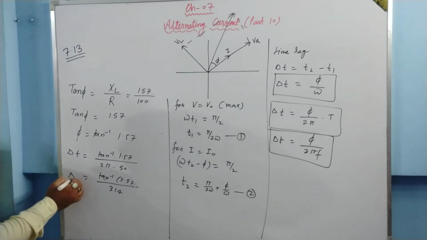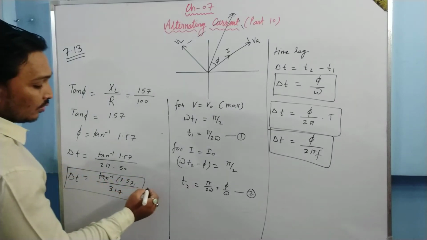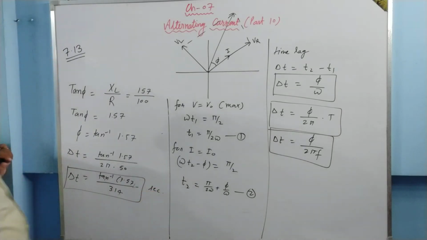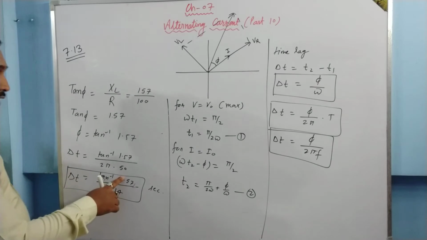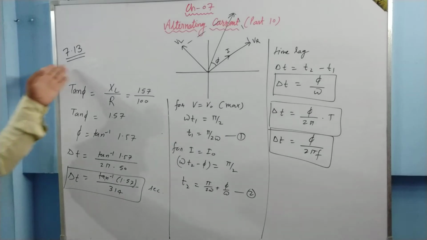As per me, this is your answer, because the value of tan inverse 1.57 we cannot calculate, and that is why we are going to take this as our answer. Okay, this is the solution of question number 7.13.